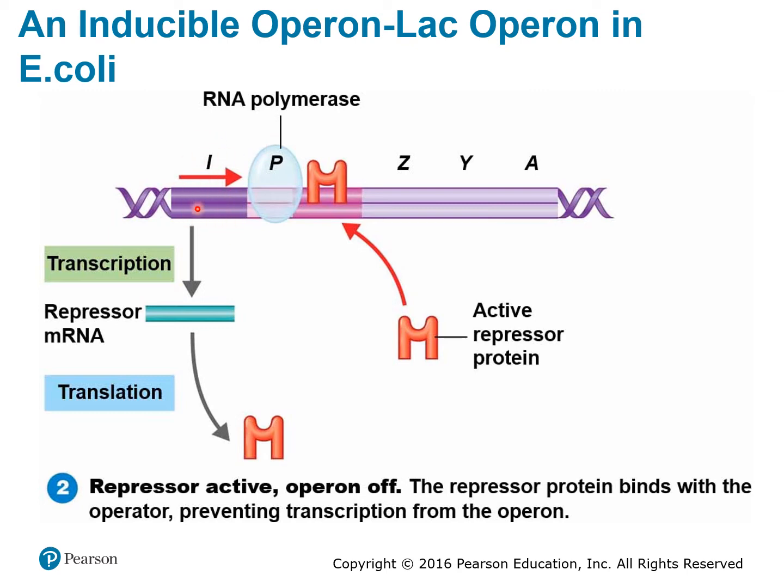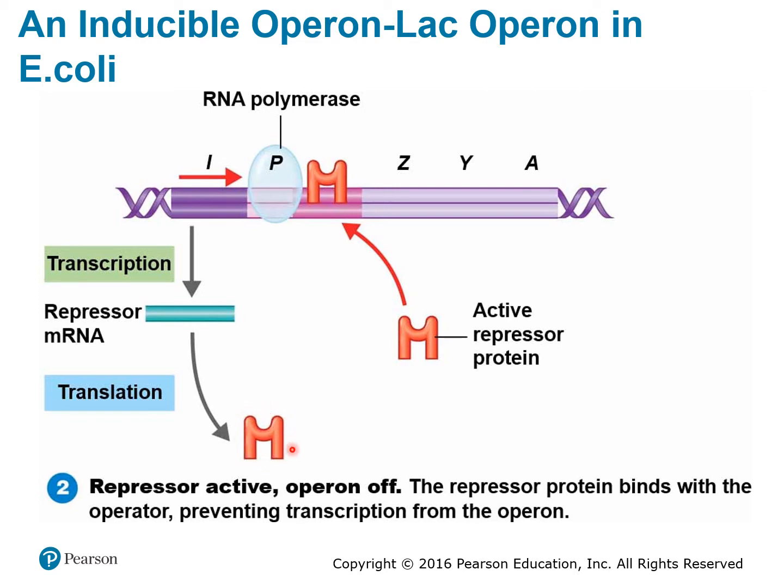This regulatory protein, when it's transcribed and translated, so you can see right here, it's being transcribed and you get the messenger RNA, and then it's translated. What is this regulatory protein going to provide the E. coli with? It provides it with a repressor protein.